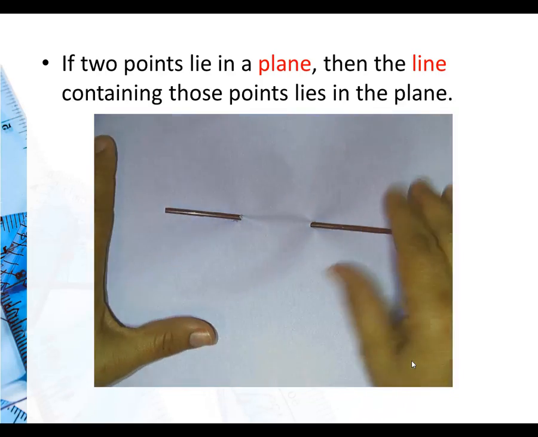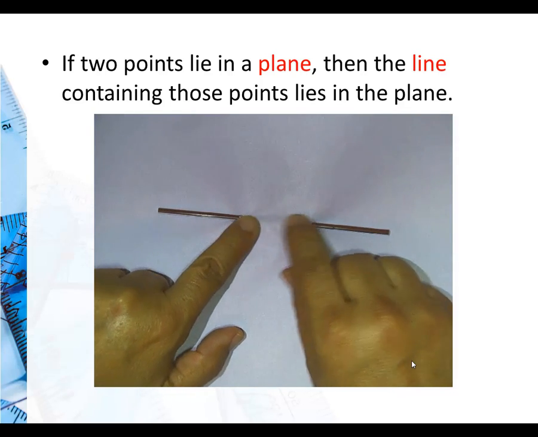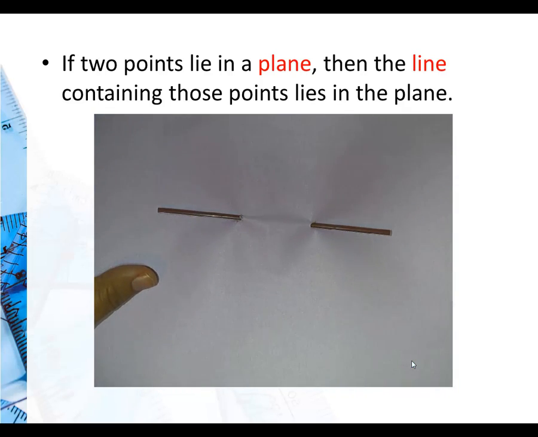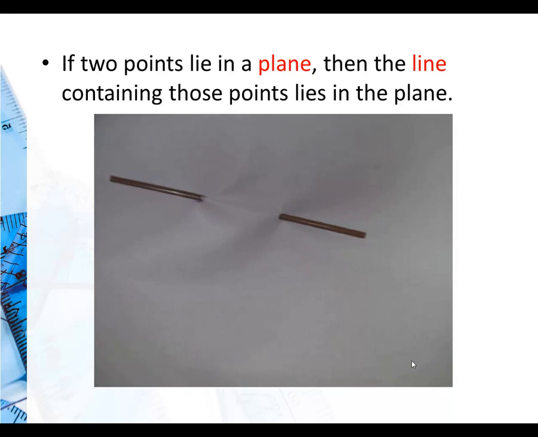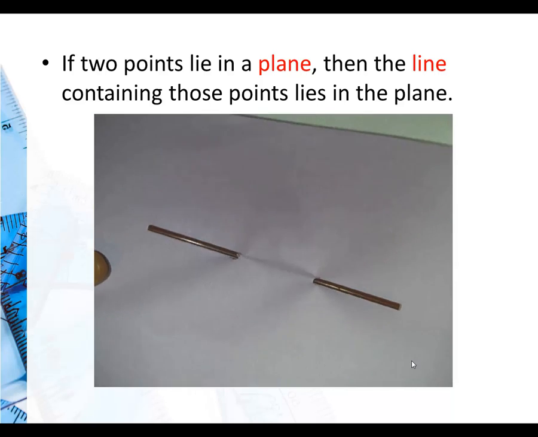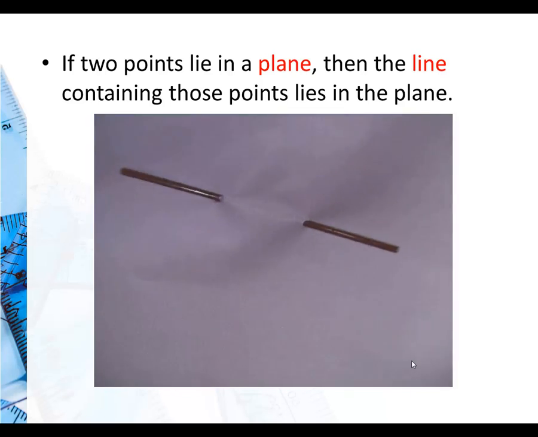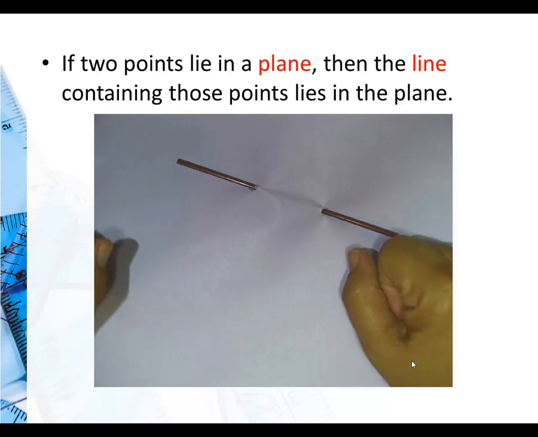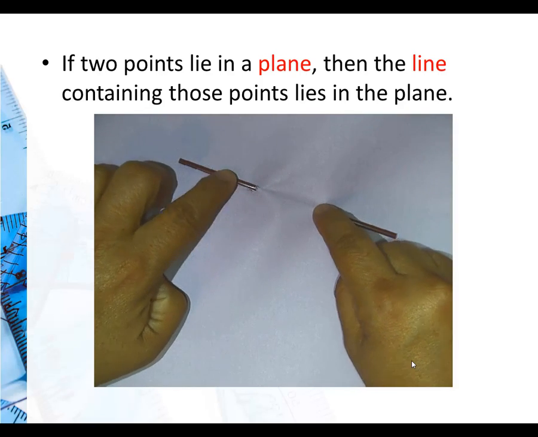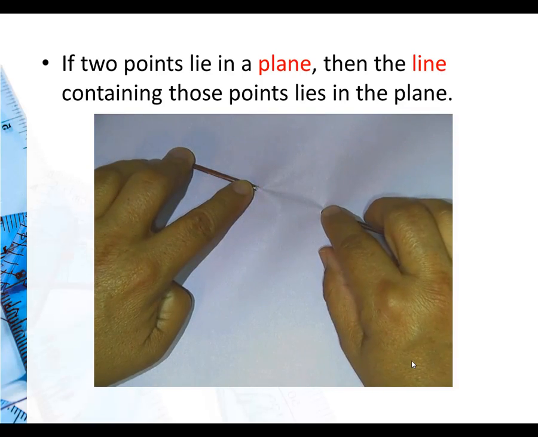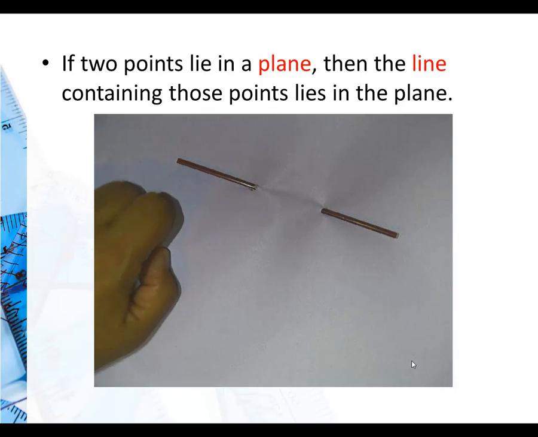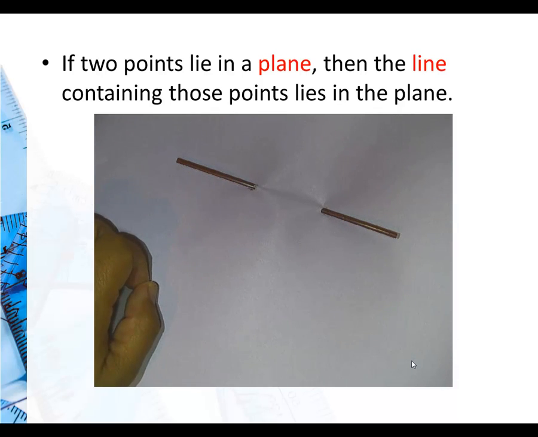And so you can see through any 2 points, if the 2 points are in the sheet of paper, in this case trying to mimic my plane, then the line really wants to stay down in the plane. It doesn't want to leave the plane. So this postulate is true. For any 2 points in the plane, the line that contains those points is also in the plane.